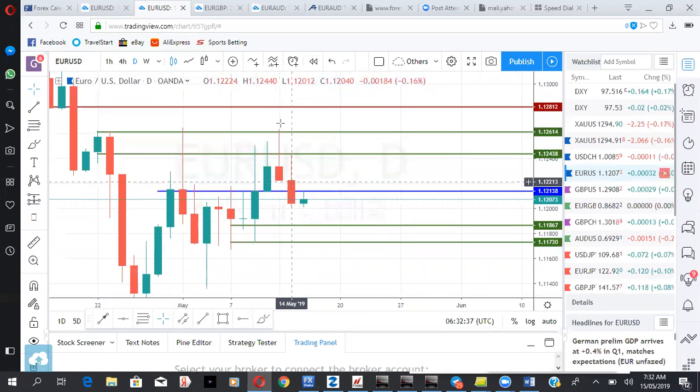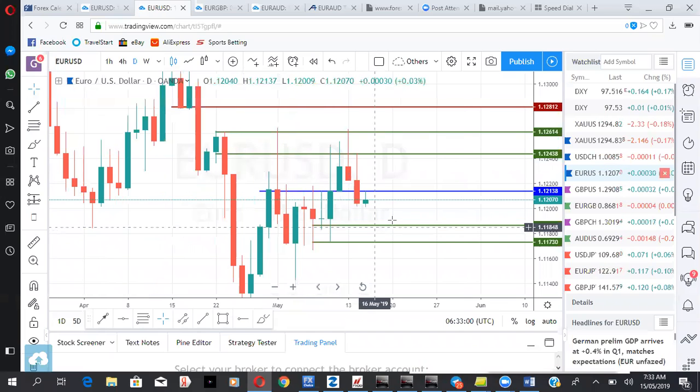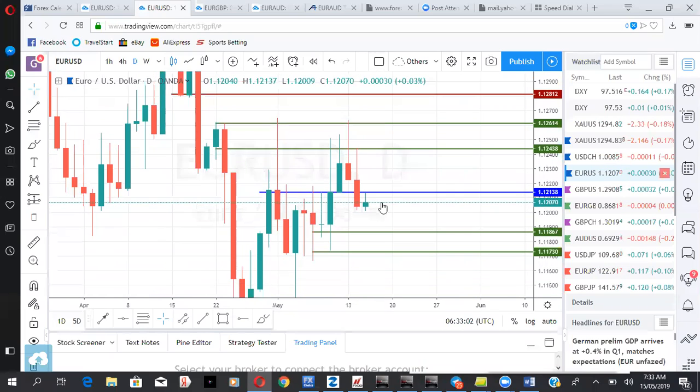These are bearish candles. So we might see it close bearish, and then a bit of a pullback into the body of this candle and a move lower.